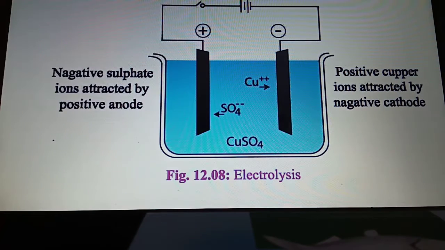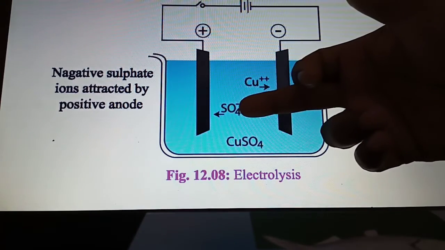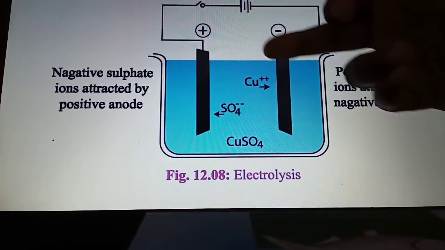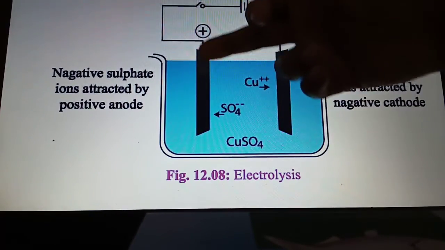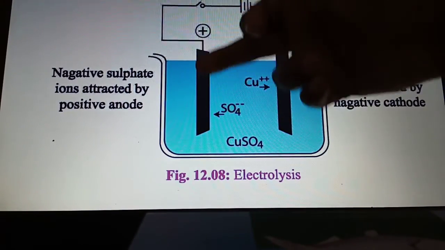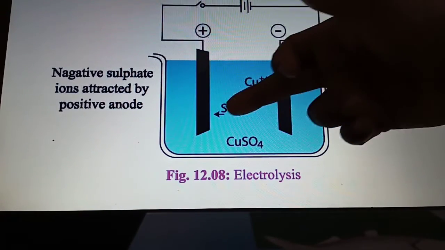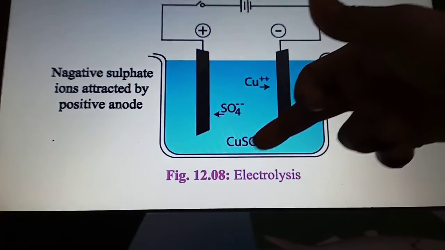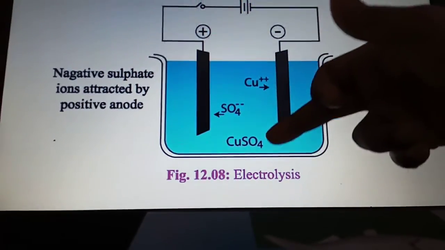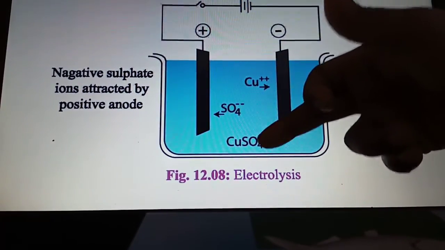In the copper sulfate solution, the copper and sulfate are divided into ion forms. That means here we see this is sulfate ion and this is copper ion. So this sulfate ion being negative will be attracted towards the positive plate, and from this positive plate one copper ion will come out in the form of copper sulfate, and when they come into the solution, again they are dividing.